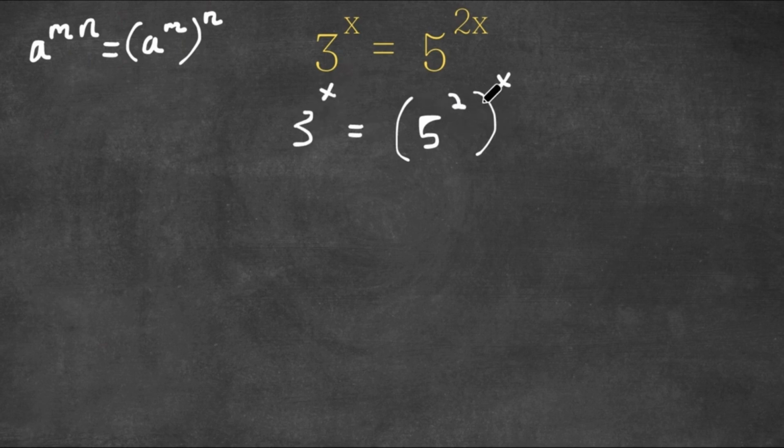Now, let's simplify this a bit. 5 squared is 25. So now we have 25 to the power of x is equal to 3 to the power of x.